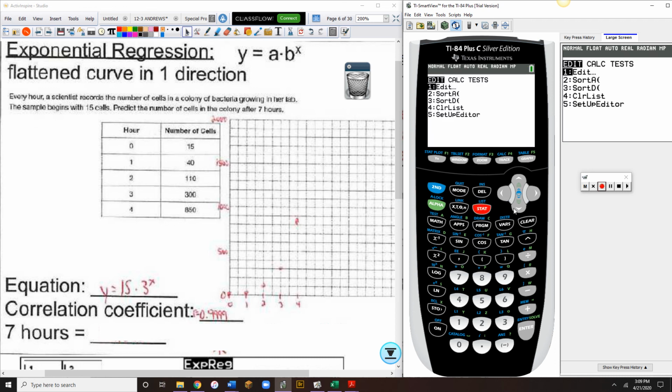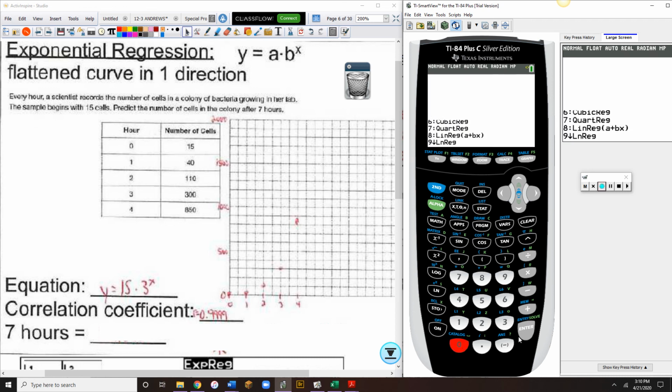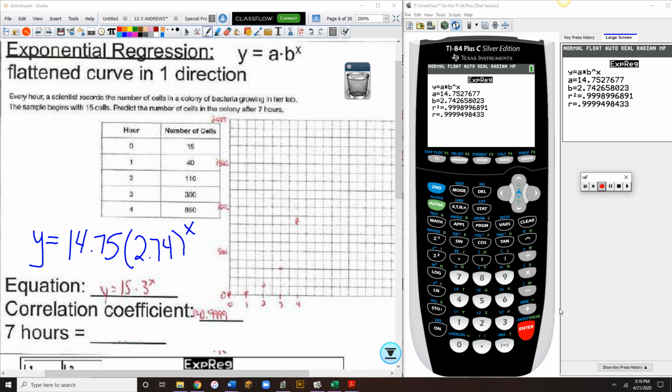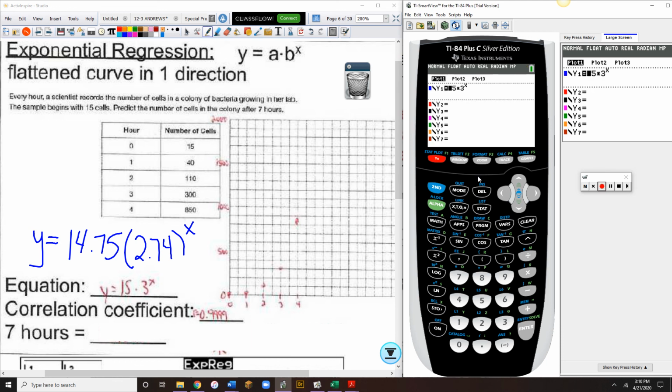So I just want to point out that if we go back and round differently, I'm rounding here to 2 decimal places instead of whole numbers, and I'm going to do that graph underneath so you can see both: 14.75 times 2.74 caret x.